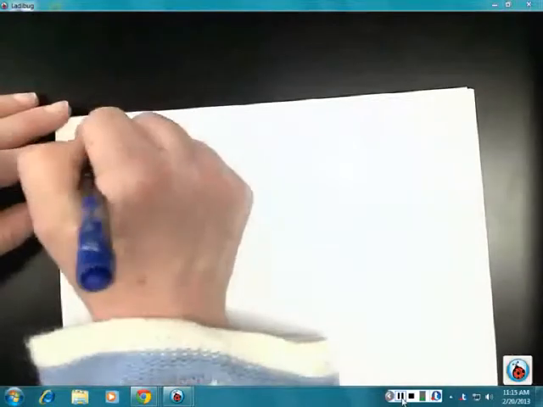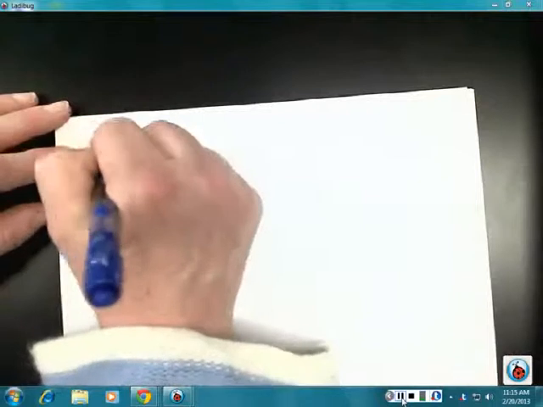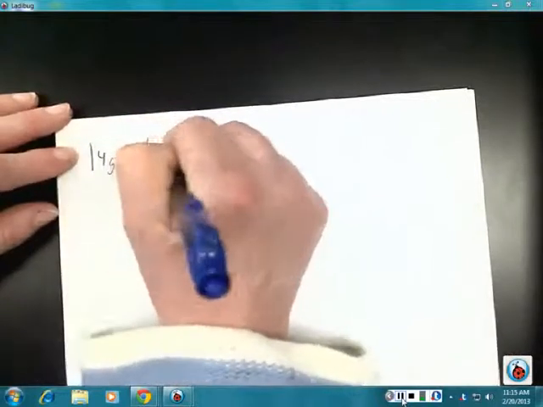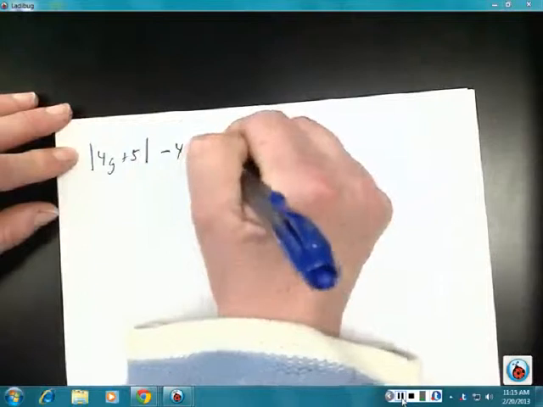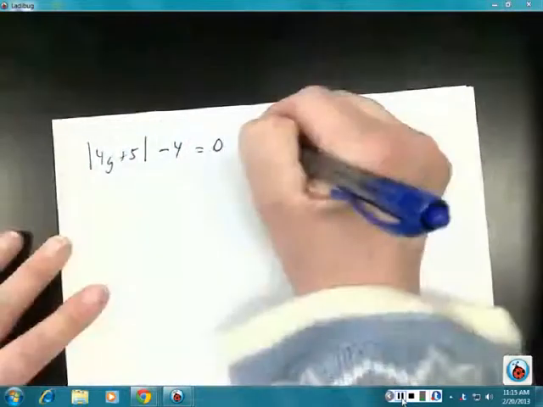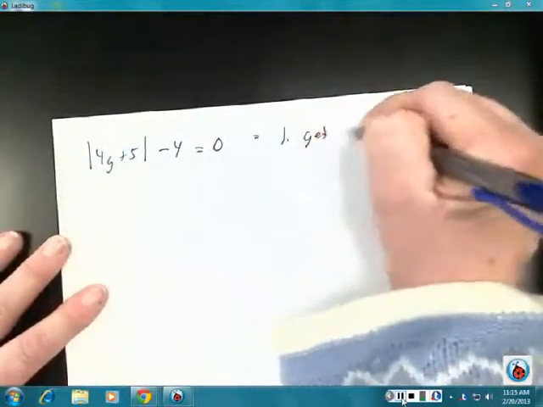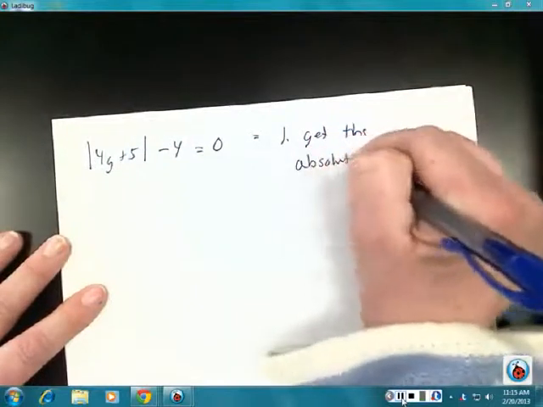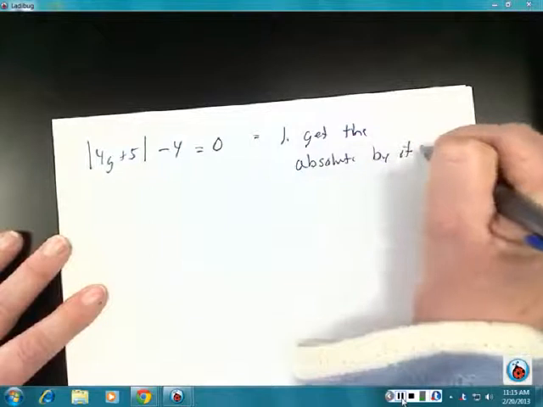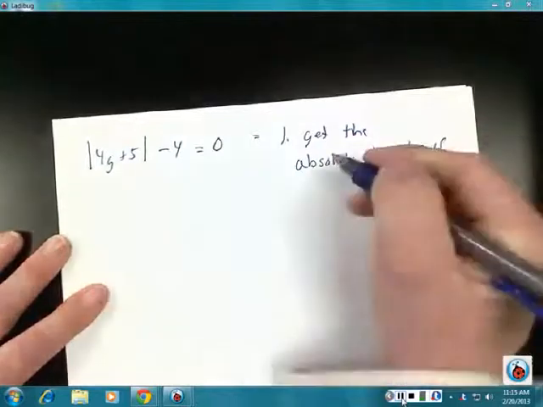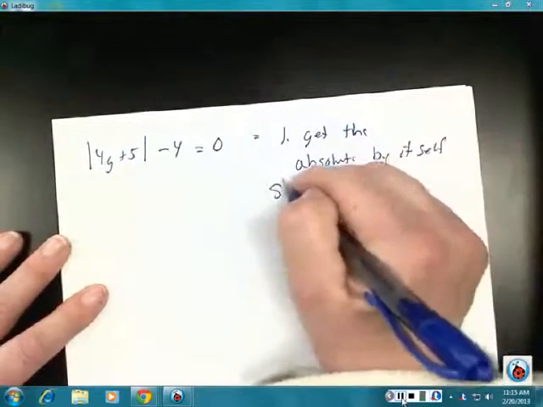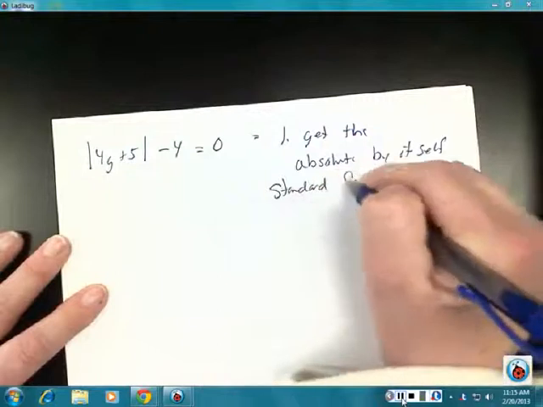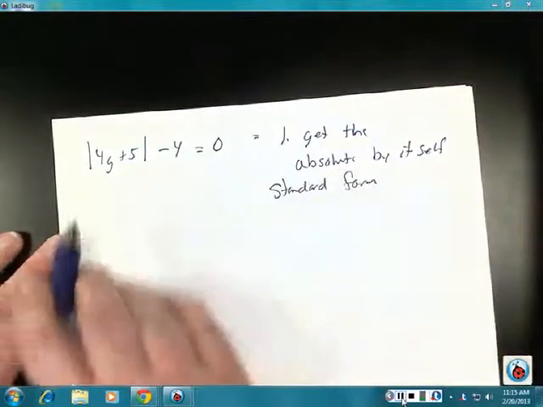If your absolute value is not all by itself, such as if you have the absolute value of 4y plus 5, minus 4 equals 0, I need to first get the absolute value by itself. And that is what's called standard form. So is my absolute value all by itself?